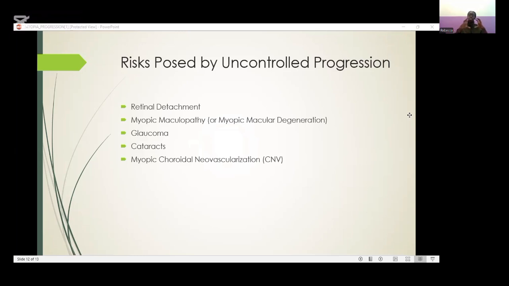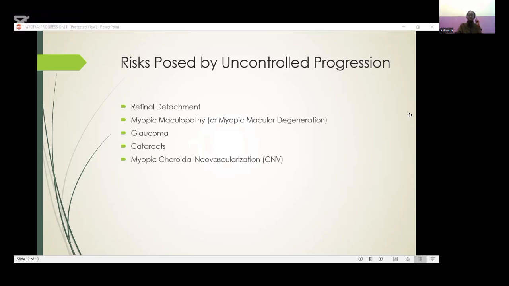in some instances it's increasing more than it should, and when it continues increasing in length, what does it do? It causes tension on the tissues of the eye. Due to the tension, we are going to have tears, we are going to have the vessels of the eye affected, we are going to have various issues related to tension in the eye. So these issues will include retinal detachment because of the constant pull.